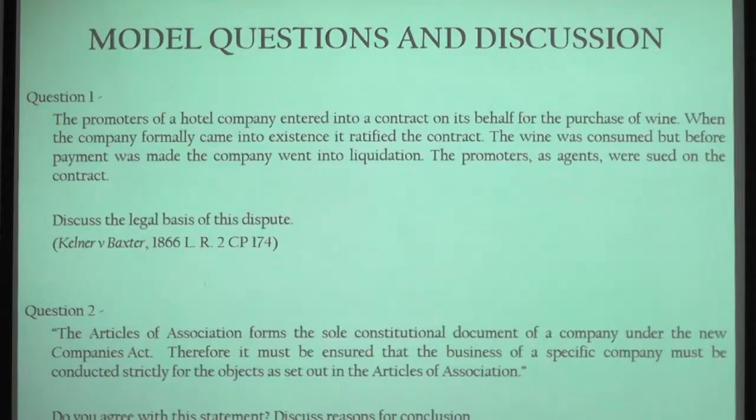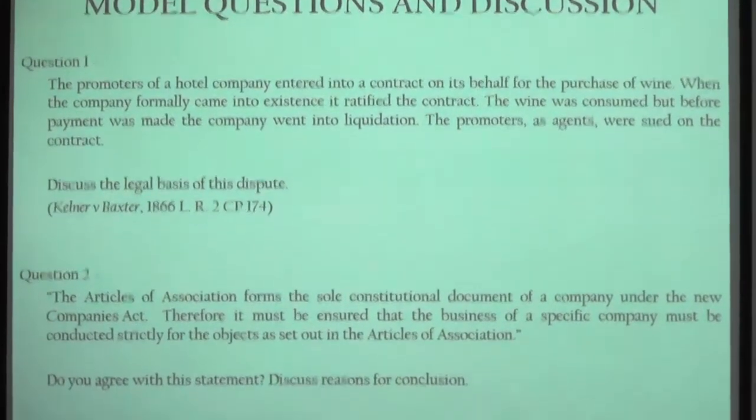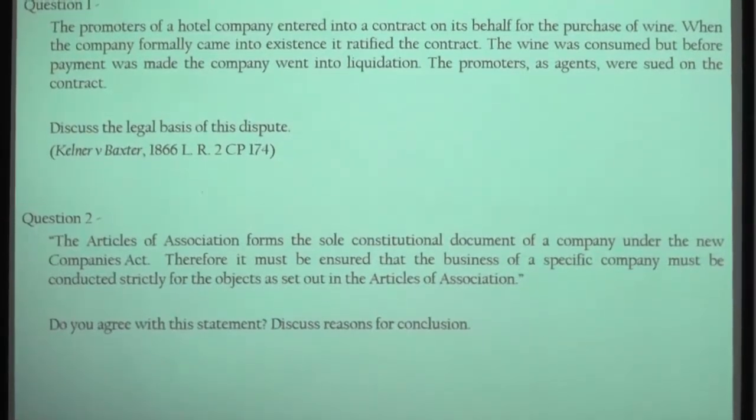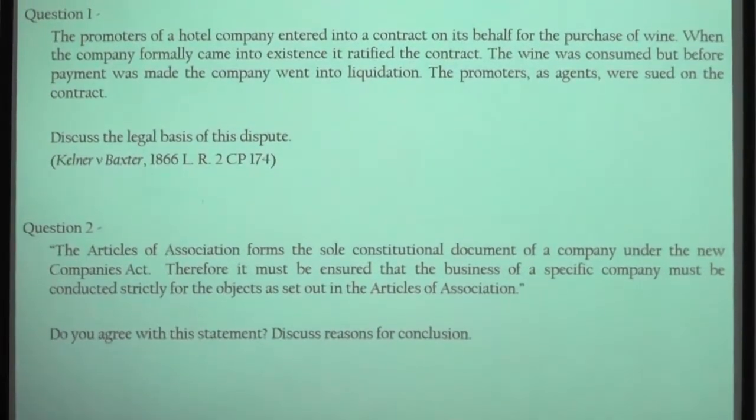Under question 2: the Articles of Association form the sole constitutional document of a company under the New Companies Act. Therefore, it must be ensured that the business of a specific company must be conducted strictly for the objects as set out in the Articles of Association. It raises the question, do you agree with the statement? First of all, you need to give an answer, whether yes or no, and thereafter discuss reasons for your conclusion.